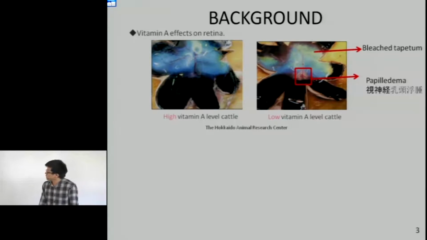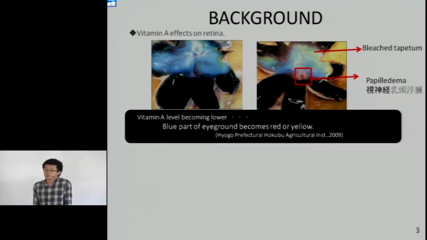You can see the color changed from blue on the left side to yellow and some reddish. So we conclude that when vitamin A level becomes lower, the blue part of the eye ground will become red or yellow.